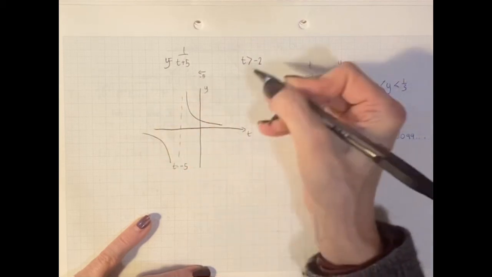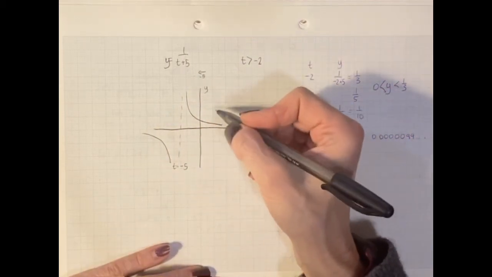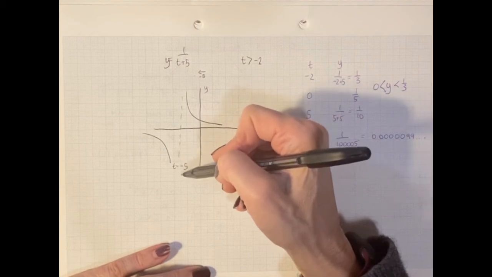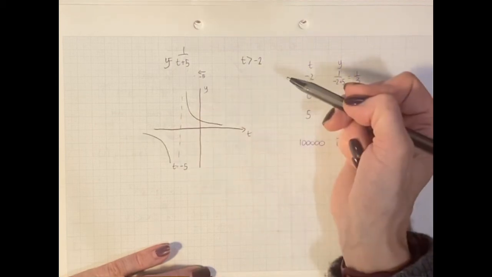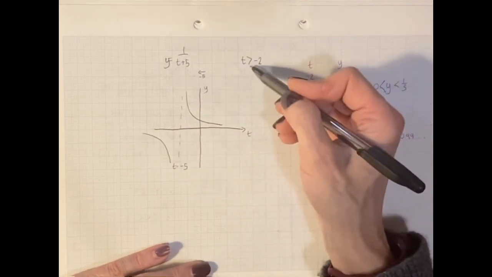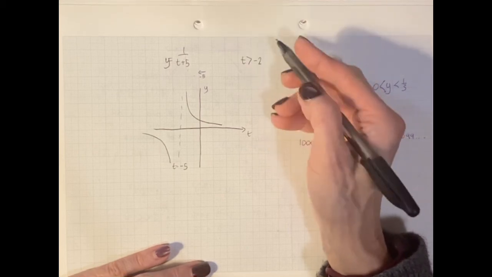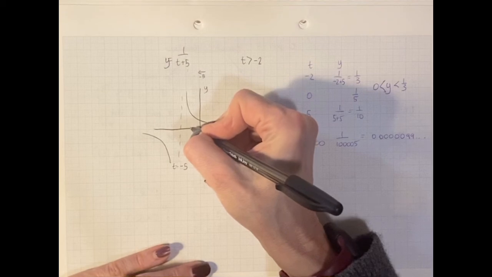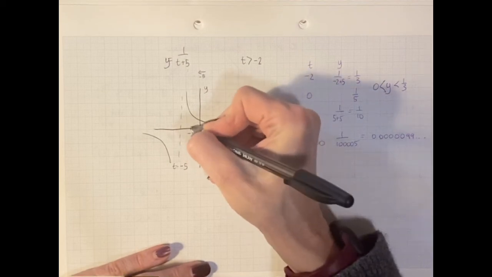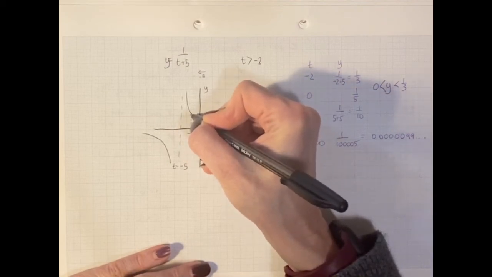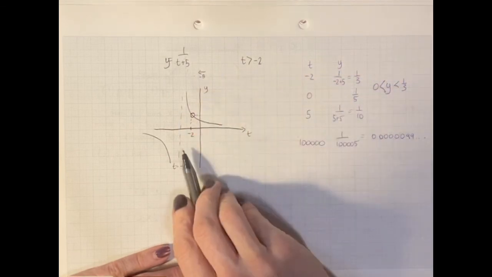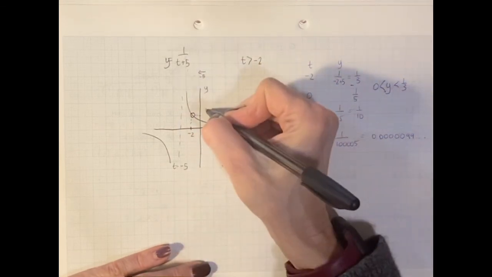The only restriction would be t cannot be equal to -5, so you had all possible values for t. But we want to actually have a part of the graph starting from when t is -2, so somewhere here. So -2 will take you to that point, and that point over here was equal to 1/3.